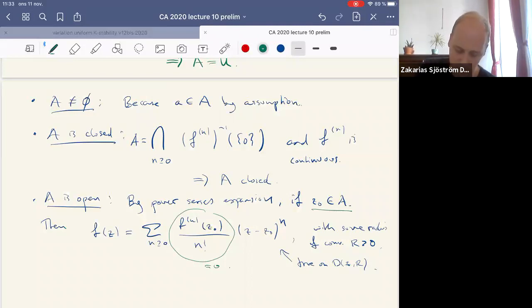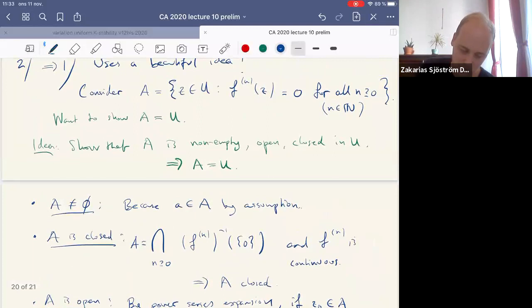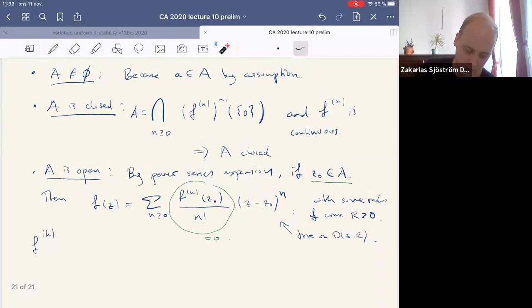But this is not enough. I wanted to show that actually the partials were also 0, because remember the set was defined in such a way that I asked that all of the derivatives were 0. So then, based on this formula, I can also differentiate it.